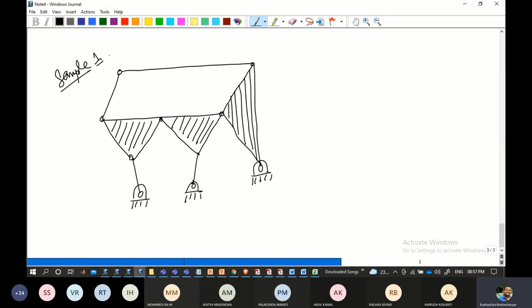The second sample that I'm giving you is also like this. I'll try to draw it over here, because diagrammatic representation is needed. This is 1. Please bear with me for a little bit.